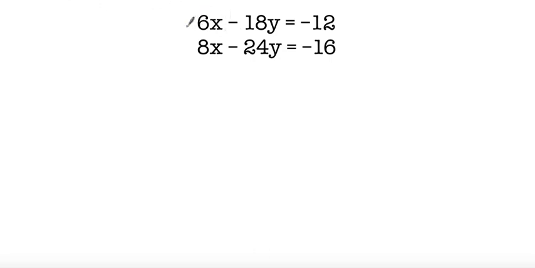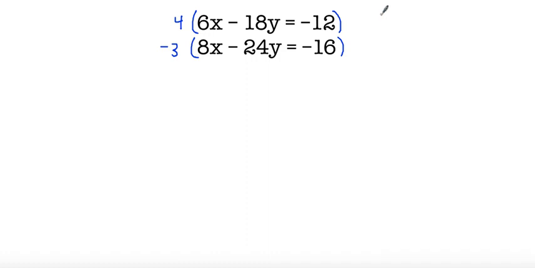So I know that the least common multiple between 6 and 8 is 24. So I can multiply this one by 4 to get the coefficient for x to be 24. And I can multiply the second equation by negative 3 so that I could get a coefficient of negative 24.